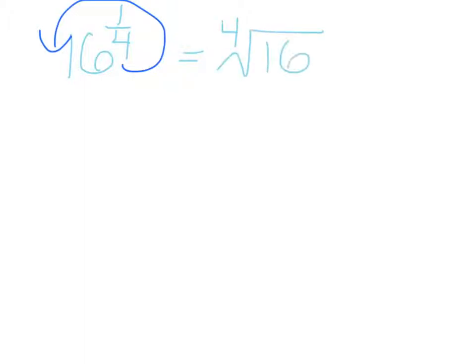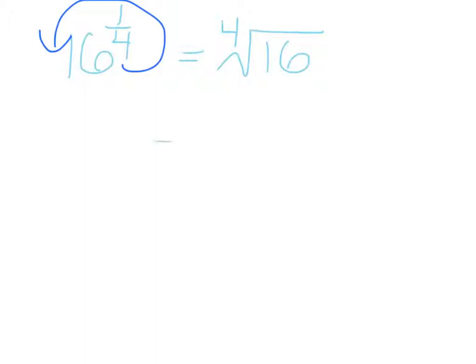We've thought about raising something to the 1/2 power, and we thought about raising something to the 1/3 power. So let's keep going. What does it mean to raise something to the 1/4 power? Maybe I want to say 16 to the 1/4 power. I'm going to do the same thing. I'm going to bring out this 4, put it here, and have 16 to the 1/4 power equal to the 4th root of 16.